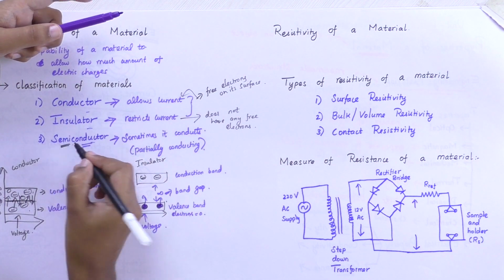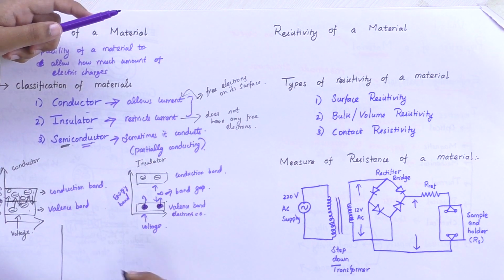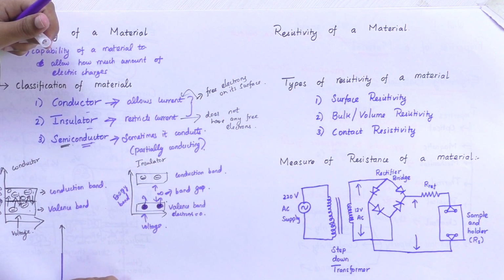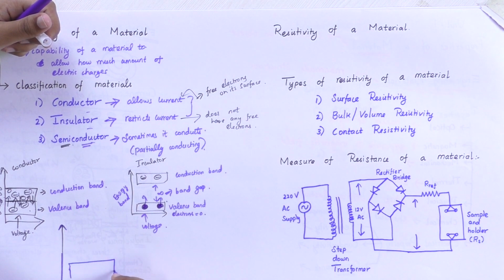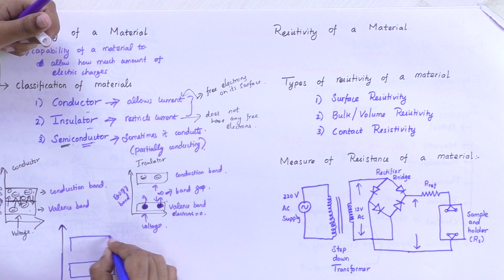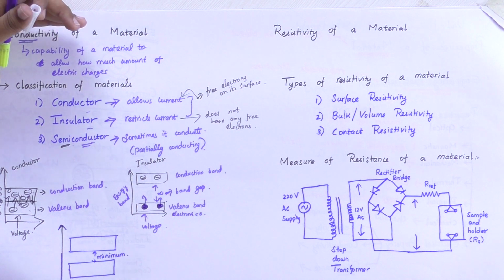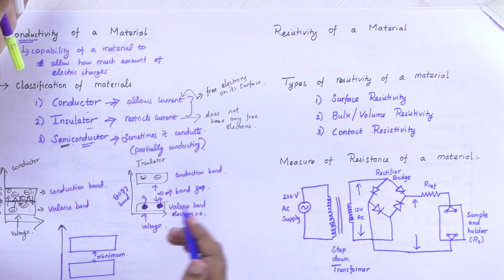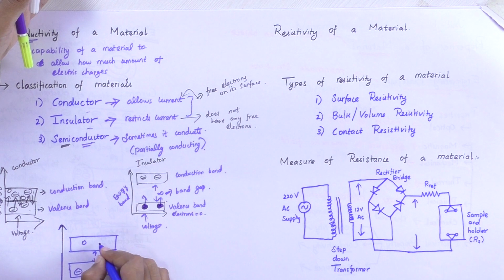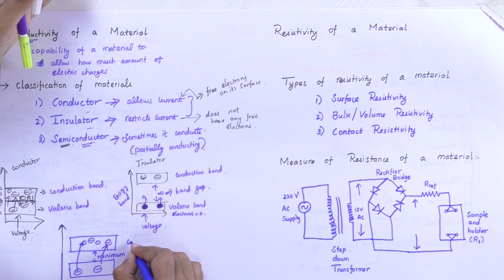Then here comes the semiconductor. The semiconducting nature of a material lies somewhere between conductor and insulator, as I said, the band gap will be minimum. So when a certain temperature or when a certain breakdown occurs, this electron will replace the hole in the conduction band.